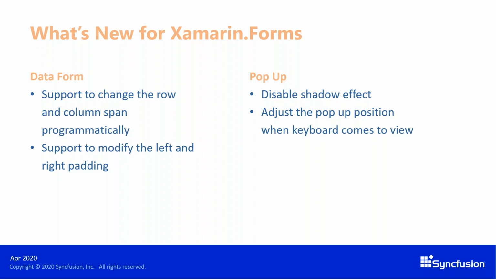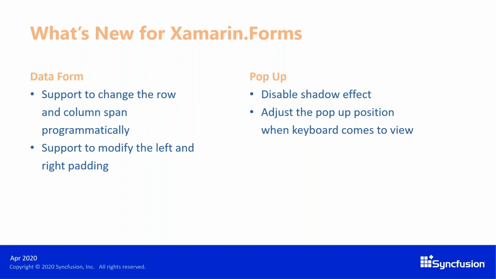You also have padding support. With this, you can modify the left and right padding in the data form for the text input layout, I mean, for the text box or any other input controls.